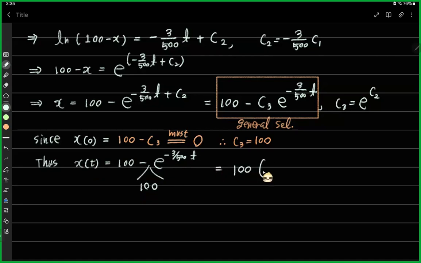Taking out 100 because it is a common factor, we get 100 times 1 minus e to the minus 3 over 500 t. That's it. You can see that as t goes to infinity, x of t approaches 100, because this is exponentially decreasing.